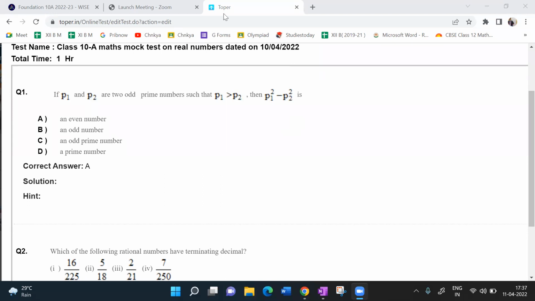Akshara, why didn't you write the test? How many of you didn't write the test? I said the test wasn't available. No, the test was available actually, but I contacted.